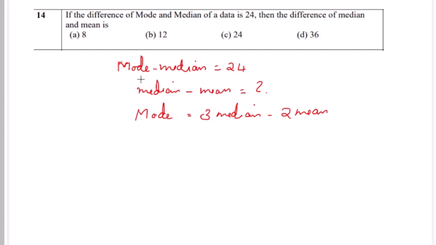But here we are given a condition, mode minus median is equal to 24. So I will take the mode from this: mode is equal to 24 plus median, as minus median becomes plus median on the right hand side.